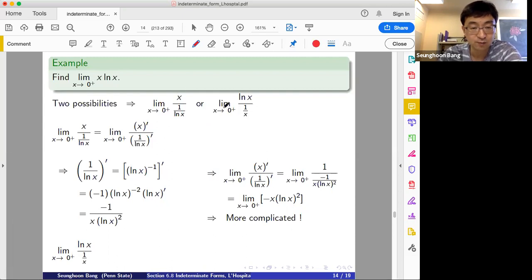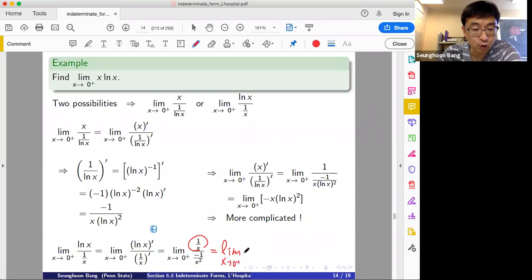Try the second one. Same, you can use L'Hopital's rule. The ln of x prime is 1 over x, right? 1 over x prime is negative 1 over x squared by using the quotient rule, like this. So we have the limit as x approaches 0 from the right.